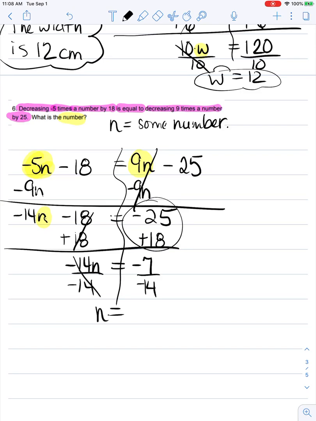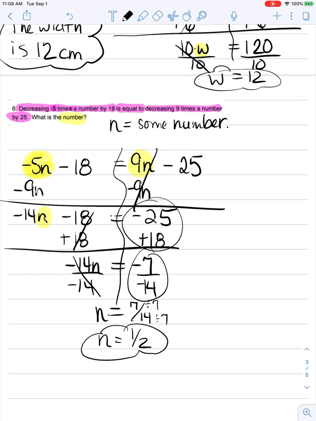And n equals, well, same signs are positive, and I'm left with 7 over 14. But if you know how to simplify, both of these are divisible by 7. So n equals 1/2. So now let's answer our question. What is the number? The number is 1/2.